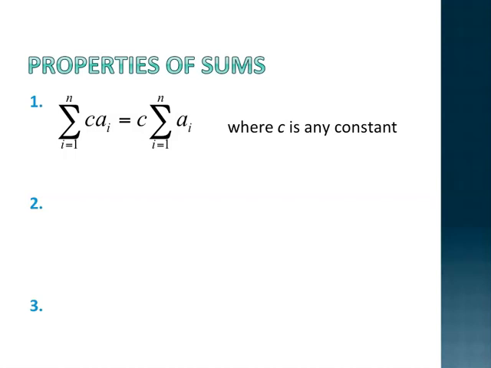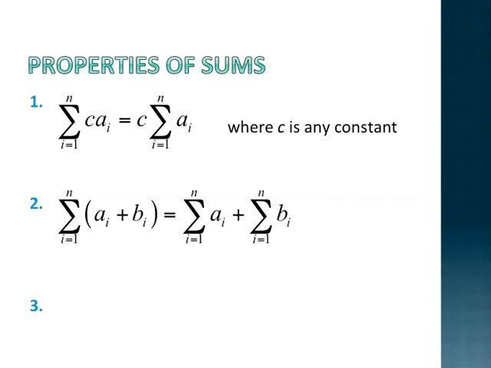All right, the second property of sums. In this particular case, if you look at the rule here, the sum of A sub I plus B sub I, as long as you are separating it into the sum of the first n integers for both, you can separate it into 2 separate sums.